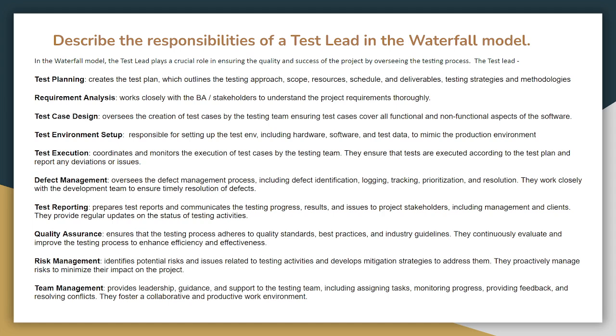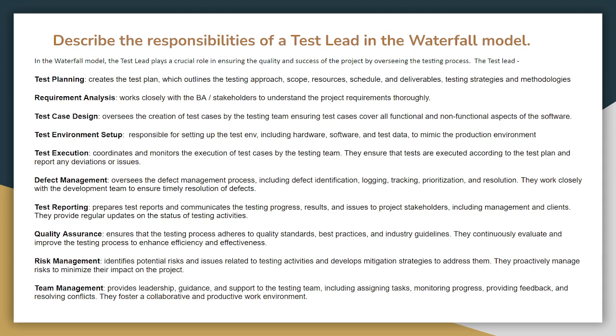Then the test execution. The test lead coordinates and monitors the execution of the test cases by the testing team. They ensure that tests are executed according to the test plan and report any deviations or issues to the stakeholders. Next is defect management. The test lead oversees the defect management process, including defect identification, logging, tracking, prioritization, and resolution.